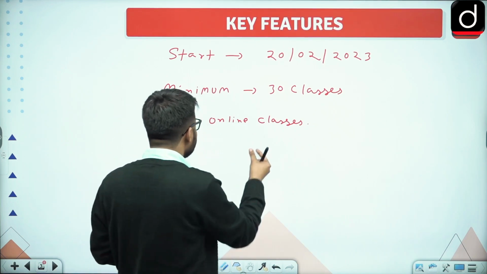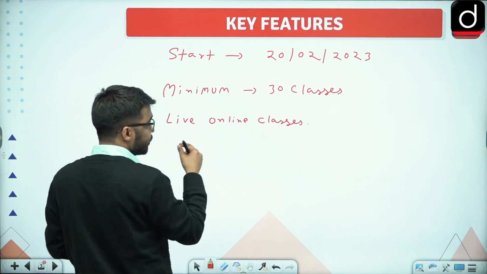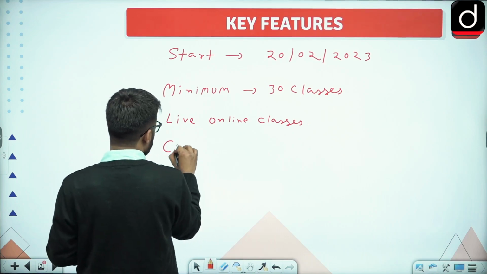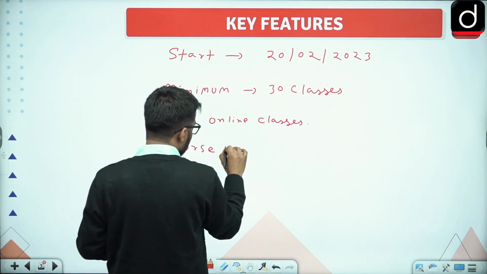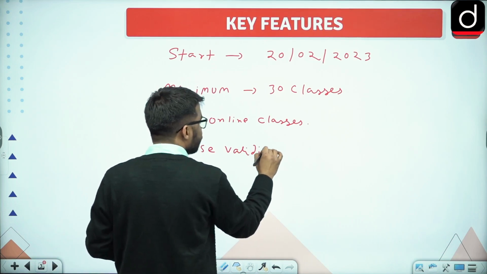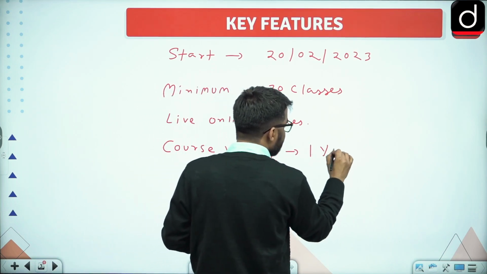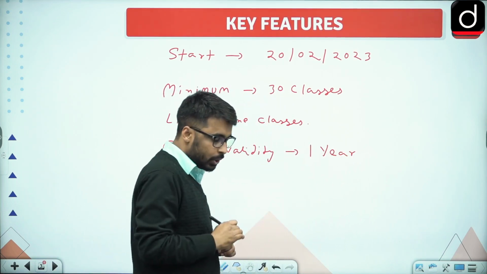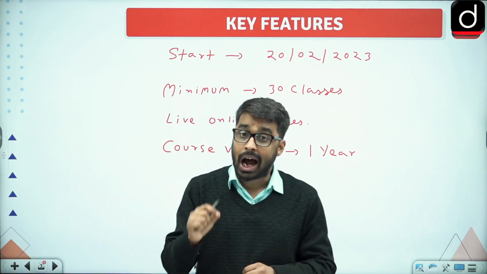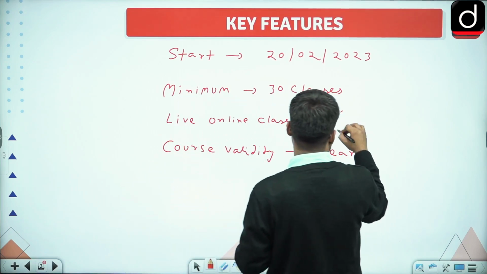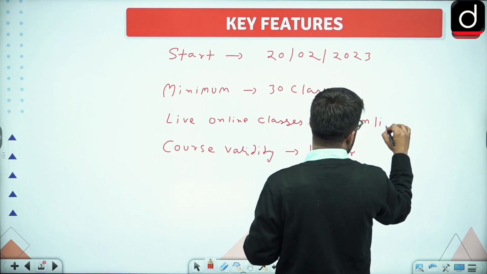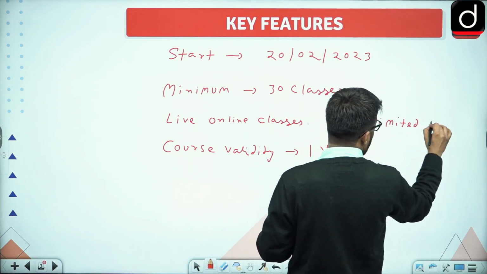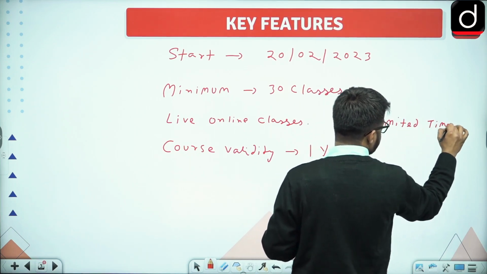You can see these recordings till the validity of your course, and the validity of your course is 1 year. That means for 1 year you can see all these classes an unlimited number of times.